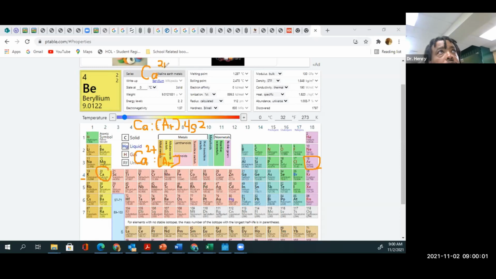So in that case, if we write it out the full way, we start up here, where we start off with the first period. So it'll be 1s2, and s can only hold 2 electrons. If you guys recall, I know we've been out for a while, so that takes care of that.